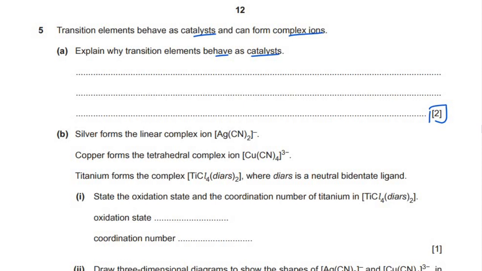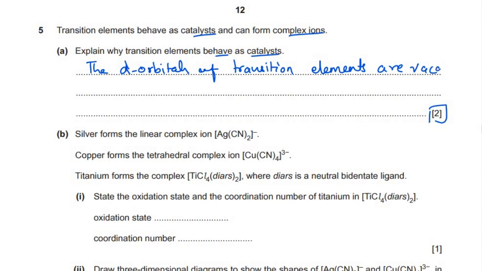So if they have variable oxidation state, it's only because the d orbitals of transition elements are vacant to form dative bond or coordinate bond.